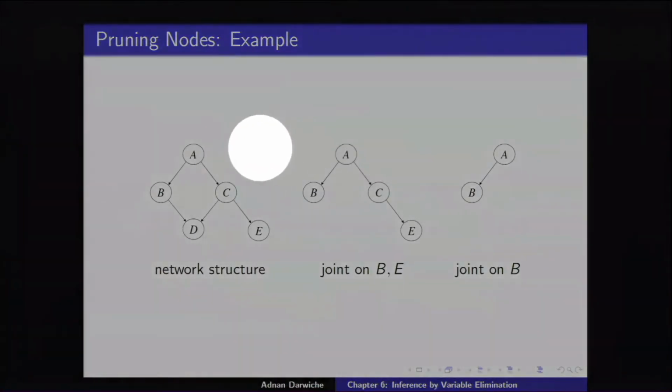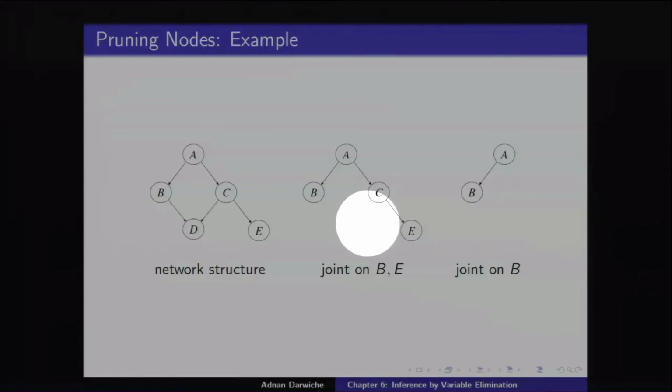Here's a network, right? I come and tell you I want to compute, no evidence, I just want the joint over B and E. What can you do in that case? You throw this guy out. What did you get? This. This is good enough. Look what happened. This was multiply connected. This is singly connected.